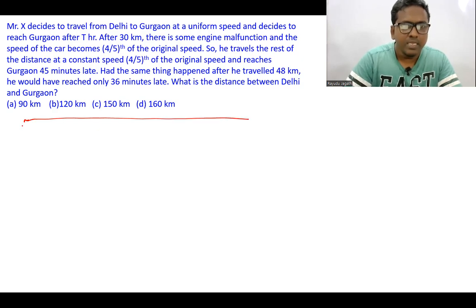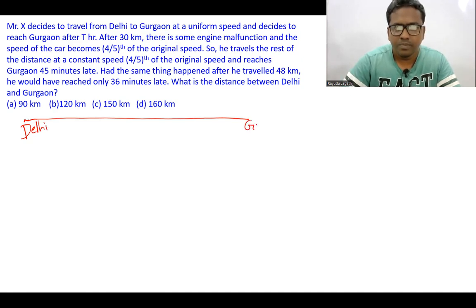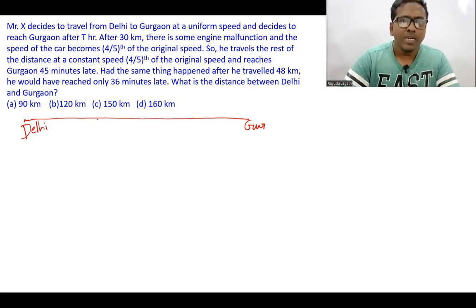Right. This is Delhi. This is Gurgaon. Here, at the very beginning, the car travels with full speed, schedule, actual speed, and after traveling 30 kilometers from the initial point Delhi, it got an engine problem.